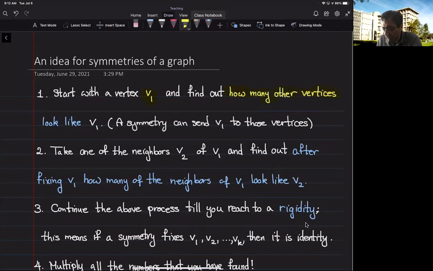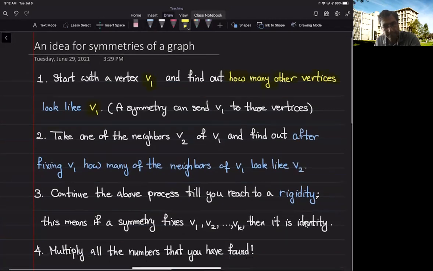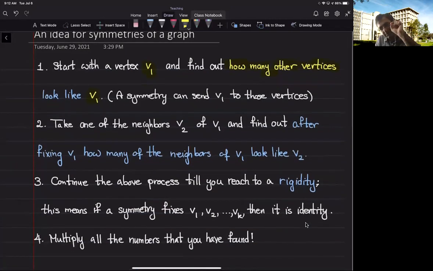Then we fix v1. Then we say, okay, if I fix v1, the neighbors of v1 are supposed to go to themselves. I take one of the neighbors and I ask myself, now where can I send this v2?